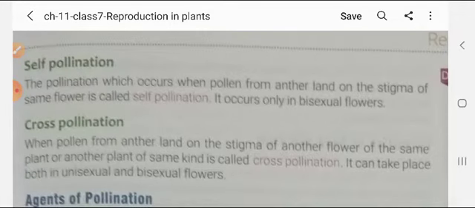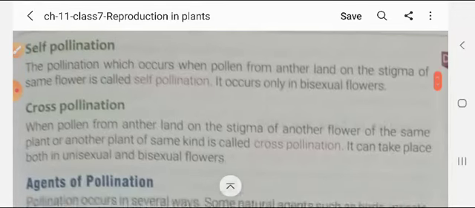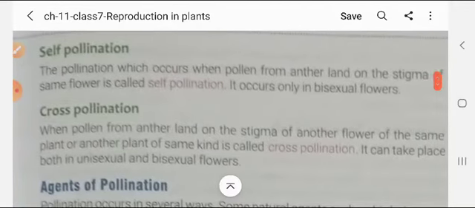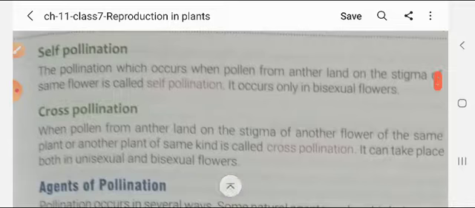In such a flower, if the pollination is occurring from the anther to the stigma of the same flower, it is called self pollination, as it occurs in a bisexual flower.